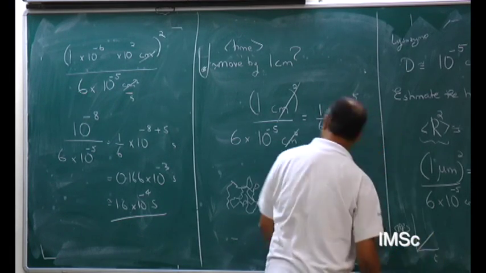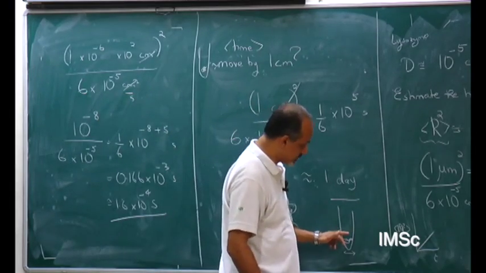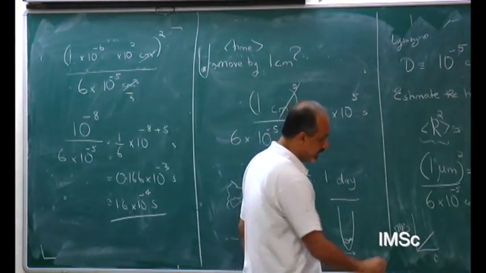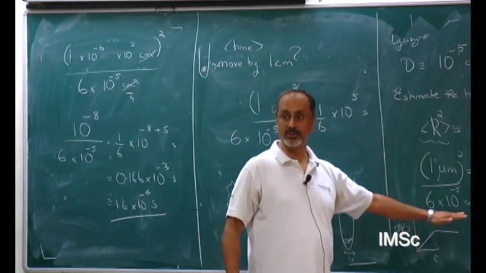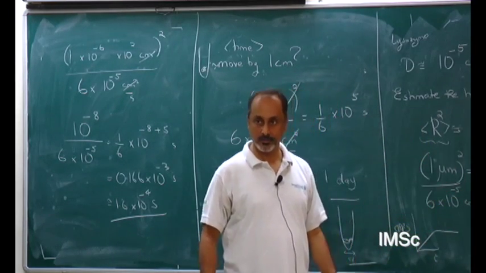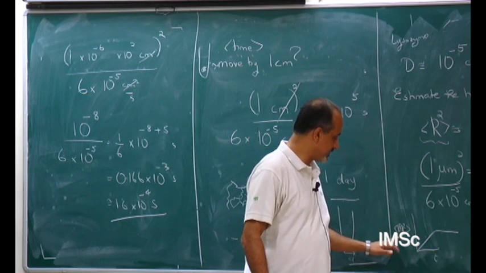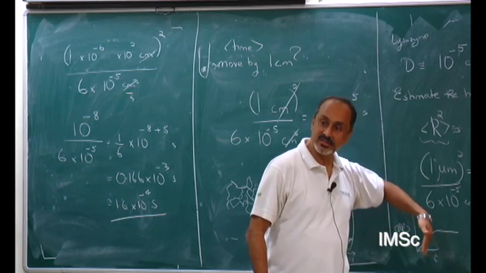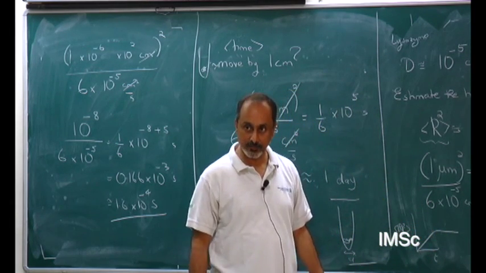This will go linearly in time, because r squared is proportional to t, until such time as r squared becomes of order d squared. And then this will saturate because now it cannot go any further. It's the maximum distance that it can go. So whenever you see experimental situations where r squared goes up and then plateaus, this is a suggestion that it's being constrained or confined in some manner.